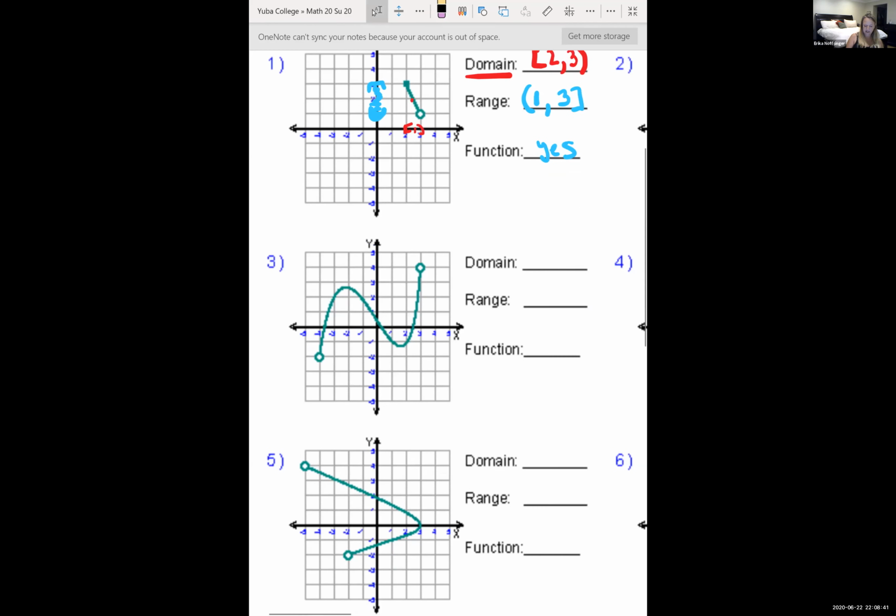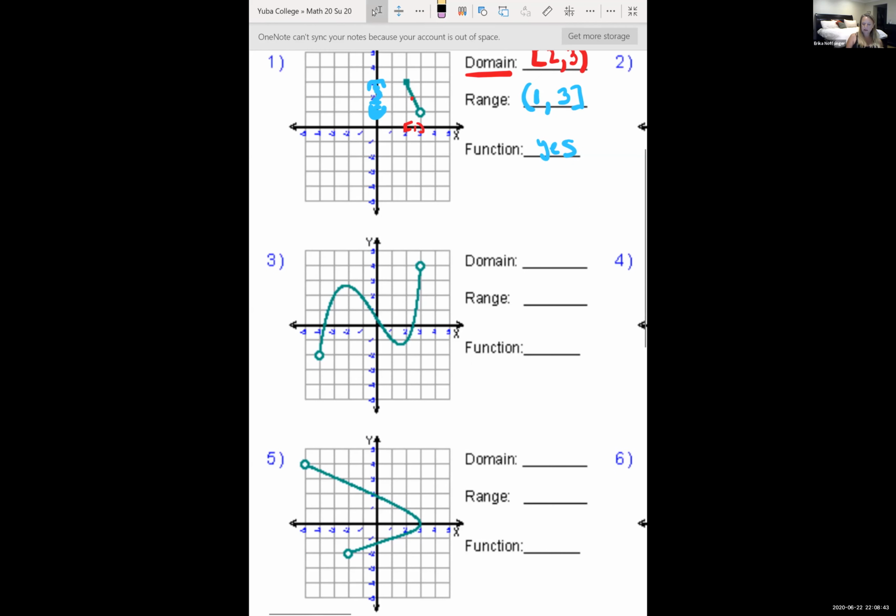Okay, so now looking at the next graph, looking at the domain. So again, domain are all the x values that you're including in the graph. And so looking at this, I would look at the smallest x value. There's no arrows again, so I know that this graph is not continuing past these values. And so my smallest x value occurs here, but I'm not including that value because it's an open circle.